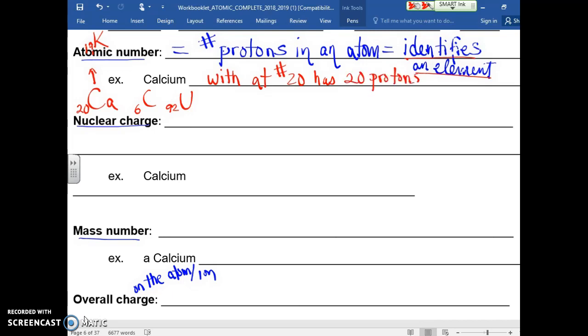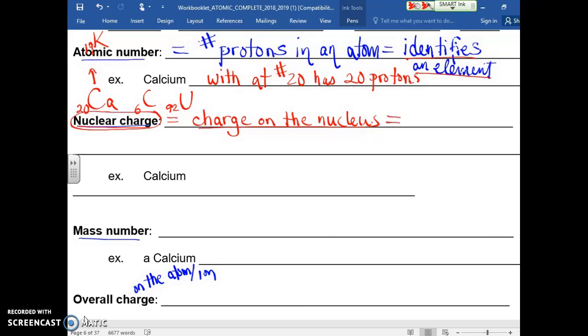Now, if you know the number of protons, you know the number of positive charges in the nucleus, and therefore you know the nuclear charge. Also, it can be expressed as the charge on the nucleus. Sometimes students are surprised to see it put this way when they're used to seeing it this way. They're identical to each other.